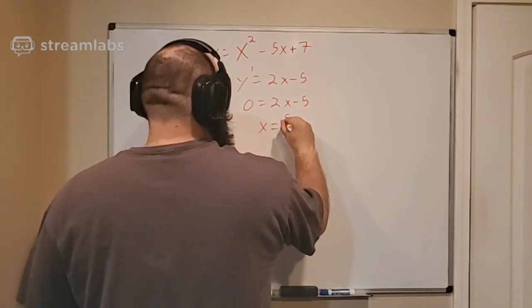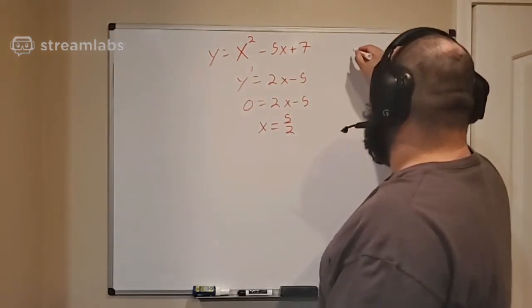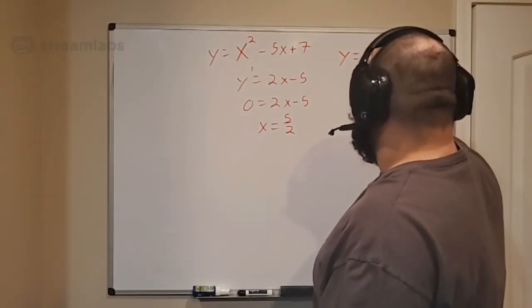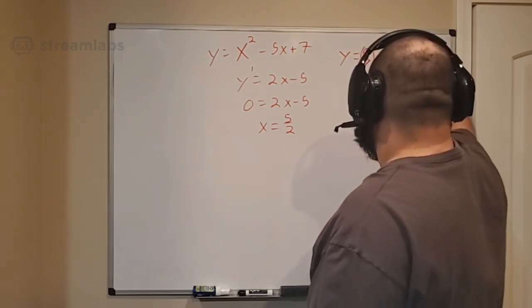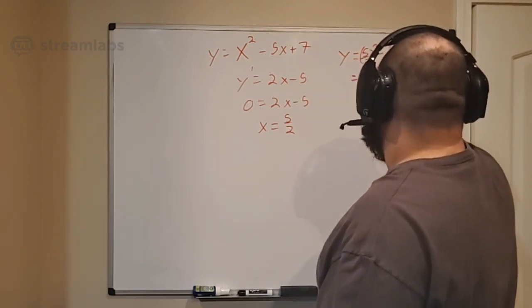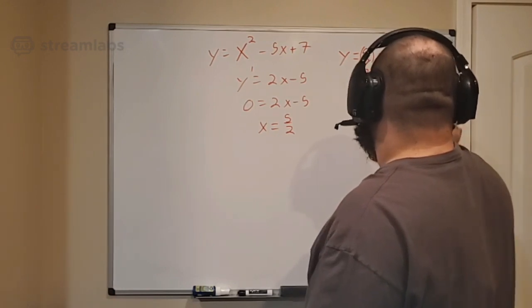You got to plug your x value back in at that point. So y is equal to 5 halves squared minus 5 times 5 halves plus 7. Common denominators or calculator, I don't really care.